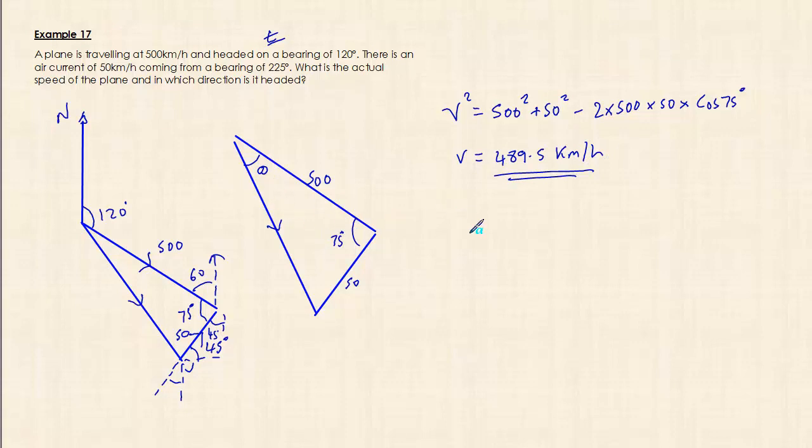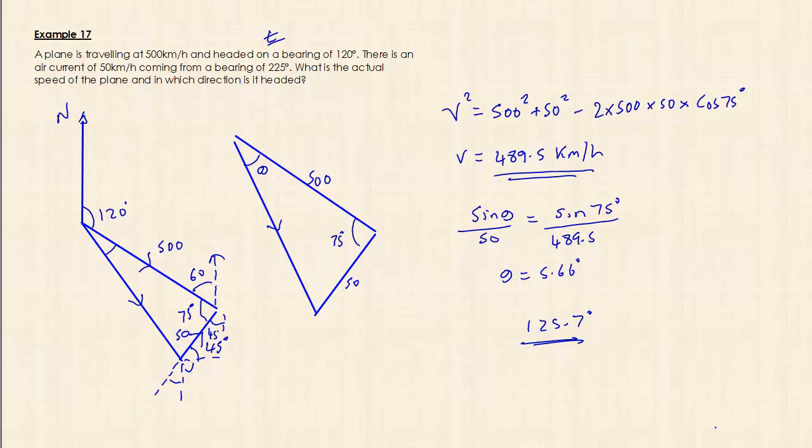And then we'll use the sine rule here, so sine theta over 50 would be equal to the sine of 75 over the answer we just found, and then we can solve that for theta, and we get 5.66 degrees, which we'd add on to the 120, giving the same bearing as we had before, which was 125.7 degrees.